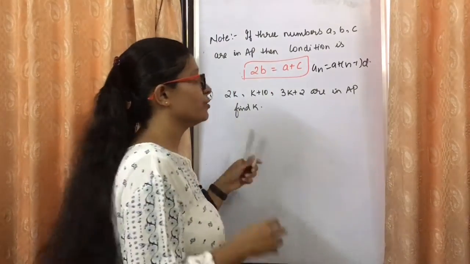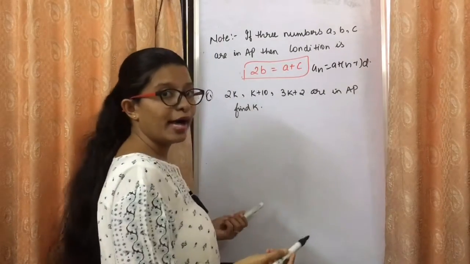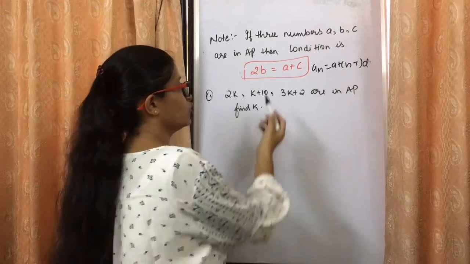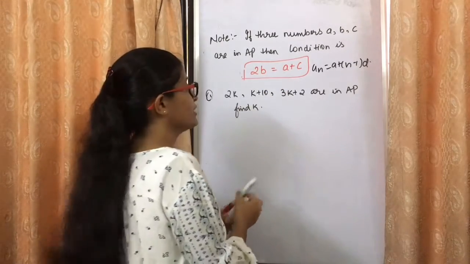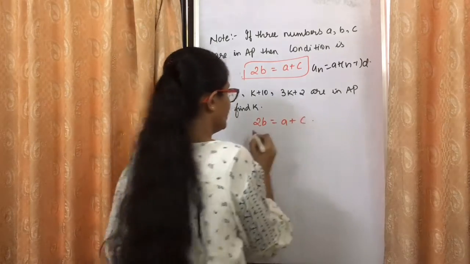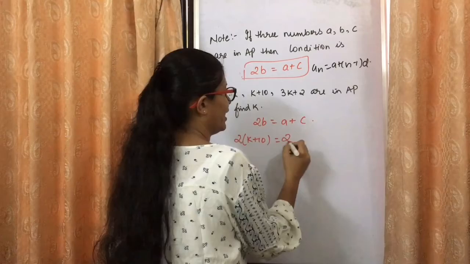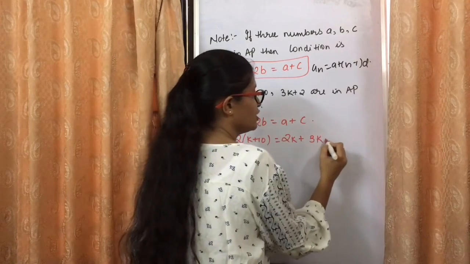Let's see one more sum of the same kind. 2k, k plus 10 and 3k plus 2 are in AP. Find the k. So again we can apply 2B is equals to A plus C. So twice into (k plus 10) is equals to 2k plus 3k plus 2.